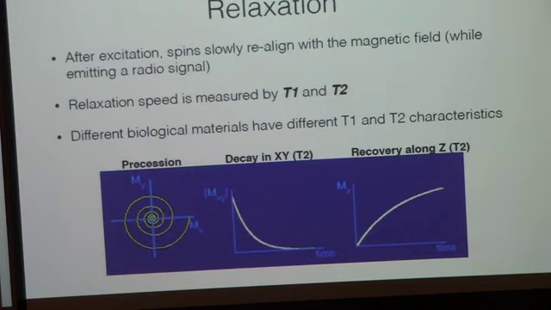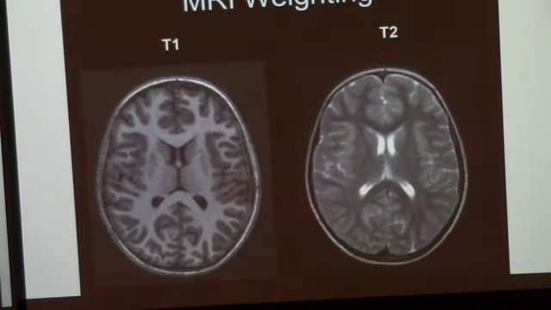So T1 and T2 are not just relaxation times, they will also be different for different tissue components. So when you try to image something, this T1 and T2 property will help you to generate the contrast. When you image your brain, you will see that the T1 and T2 weighted images are different because different matter in your brain has different T1 and T2 properties.